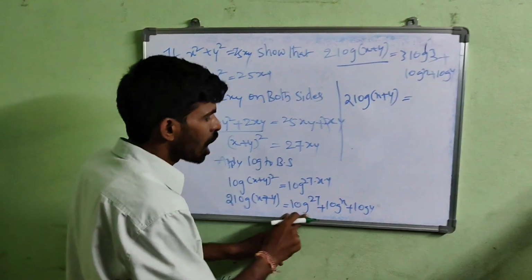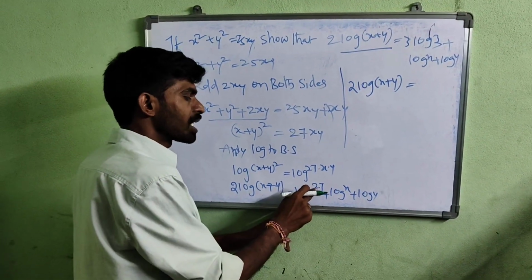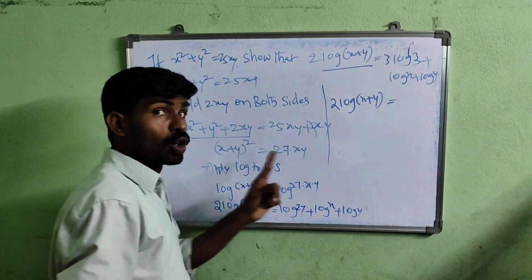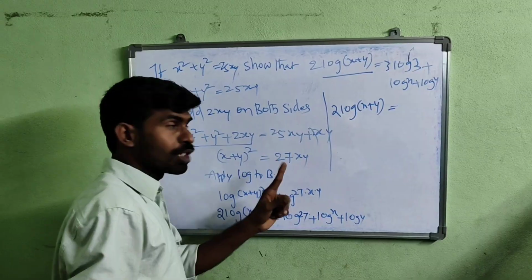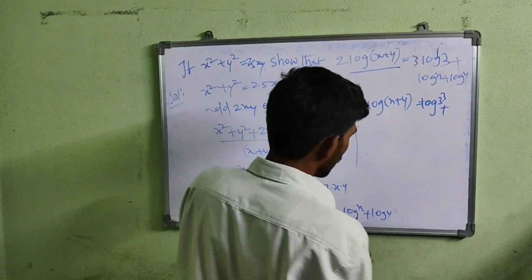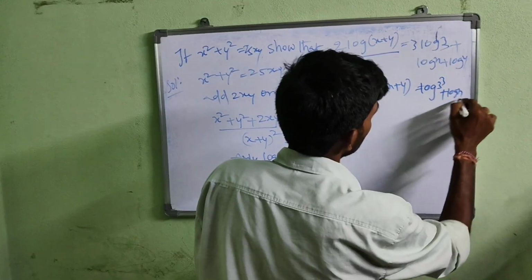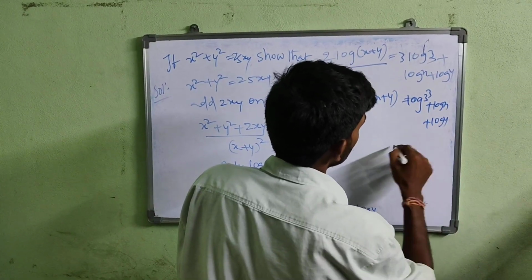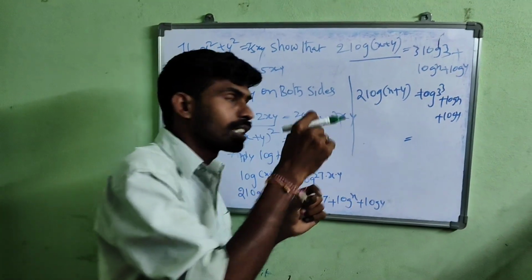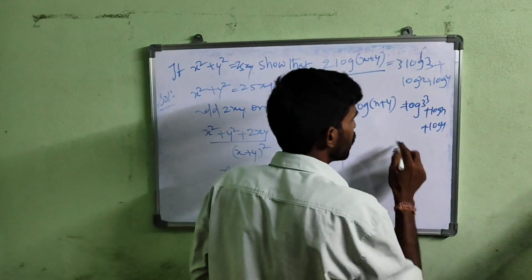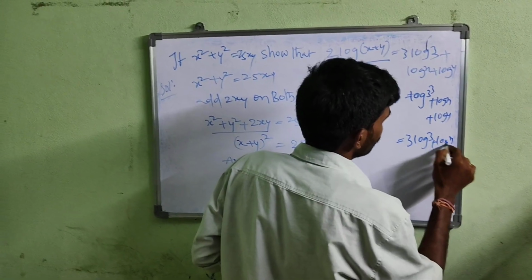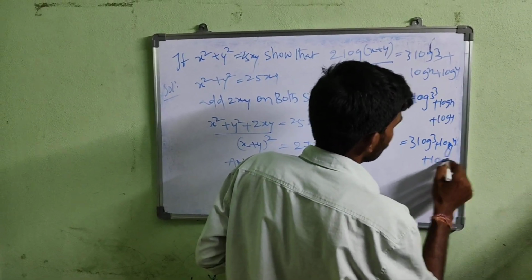Next, log 27. How can we write log 27? Here 27 is 3 cube. So log 3 cube plus log x plus log y. Log 3 cube means log x power n is n log x, so 3 log 3 plus log x plus log y.